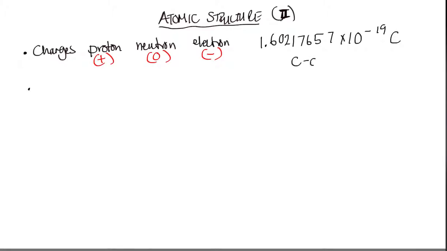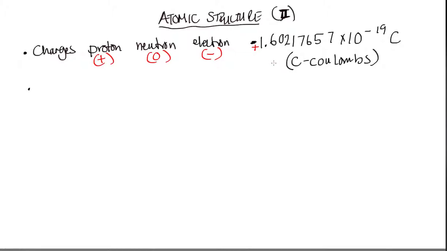C stands for coulombs, which is the unit for charge. But we say that the electron is negatively charged, so for the electron that will be minus, and for the proton that will be plus.